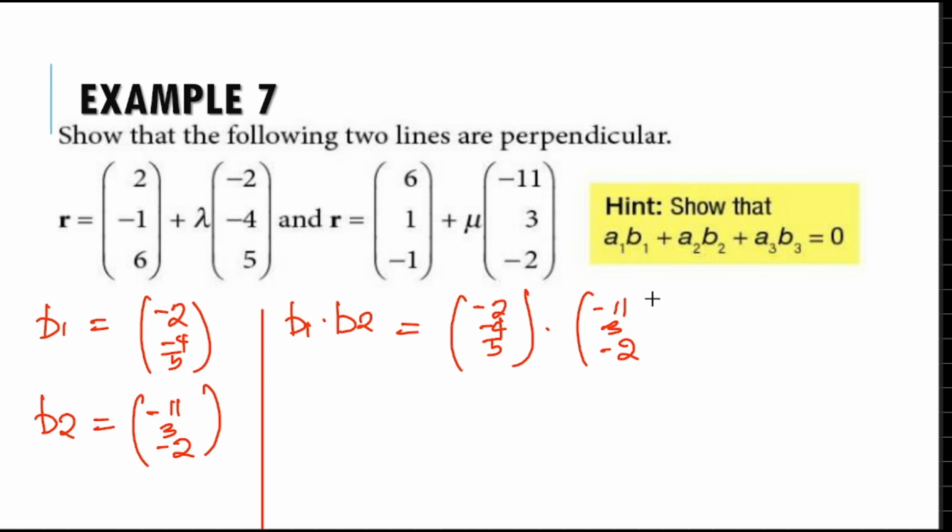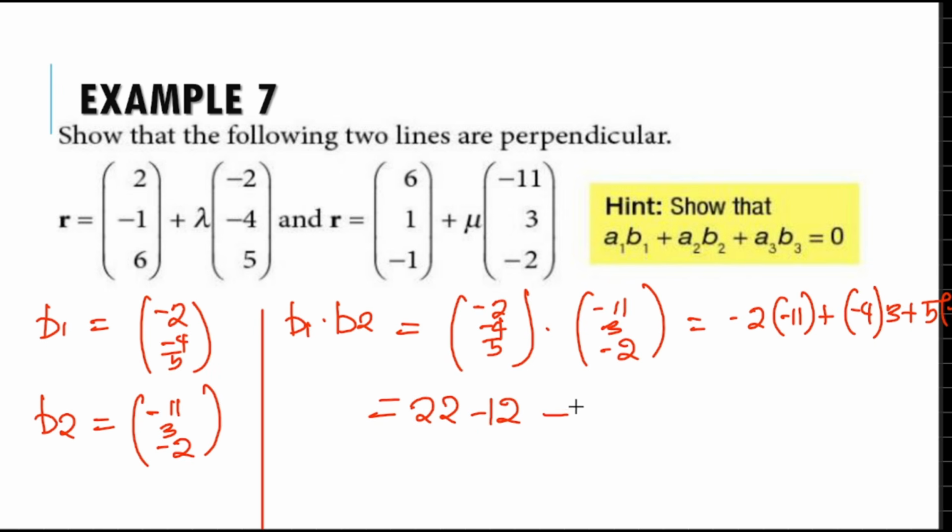That is minus 2 multiplied by minus 11 plus minus 4 multiplied by 3 plus 5 multiplied by minus 2. That will be 22 minus 12 minus 10, which is 22 minus 22, which is equal to 0.